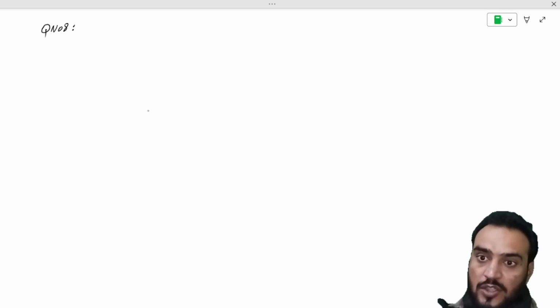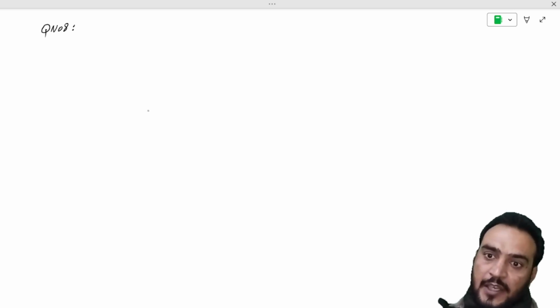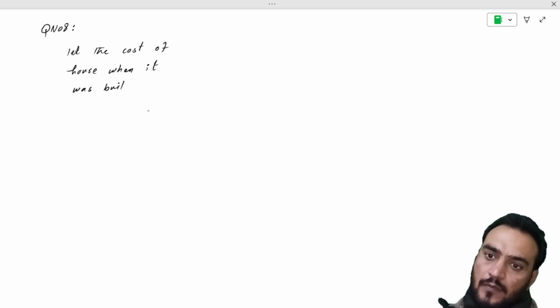So let the cost of the house when it was built be equal to x dollars.